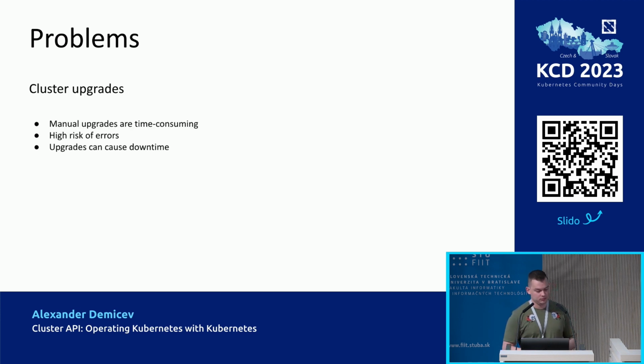Then the third problem is cluster upgrades, and it's a very complex topic. Manual upgrades are time-consuming if you have multiple clusters. There is a big chance of causing downtime if you make a mistake, and everywhere manual intervention is required, the risk of errors is much higher. So you need something to take care of your cluster upgrades.